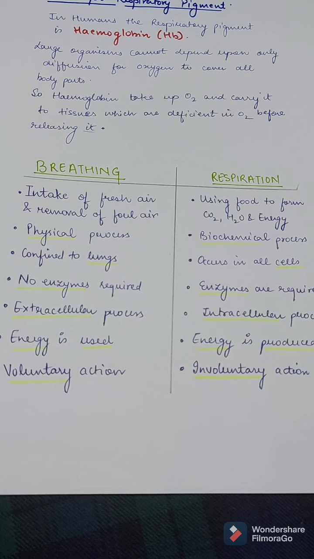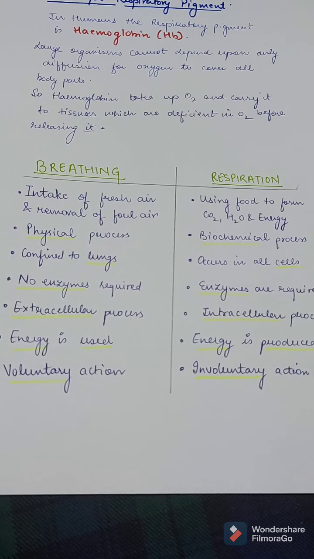Breathing hence is a physical process and respiration is a biochemical process. Breathing is confined to few organs only, that is lungs, and respiration occurs in all cells. In breathing, no enzymes are required, and respiration requires few enzymes.